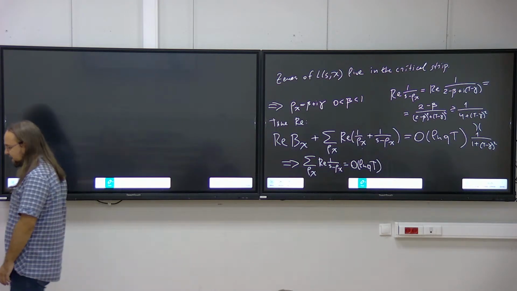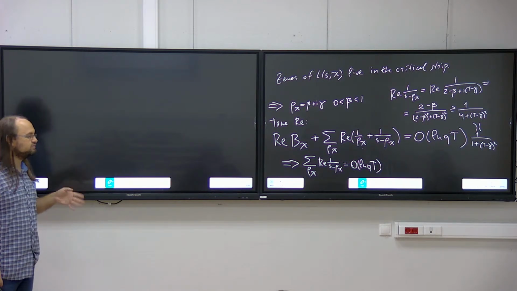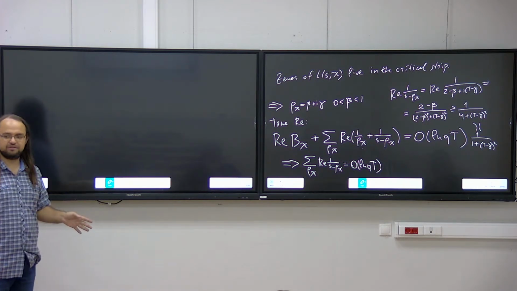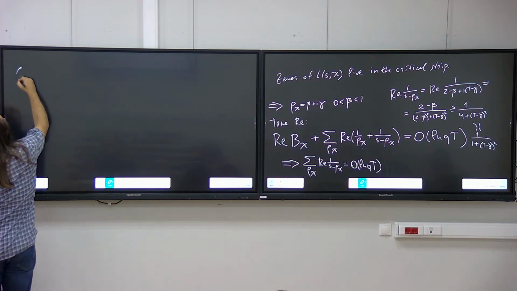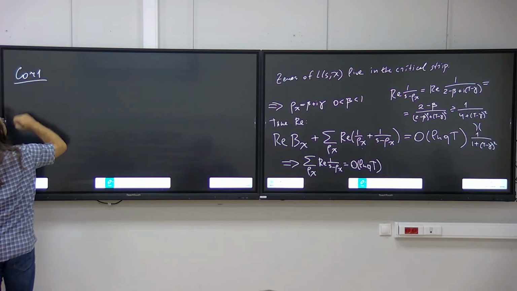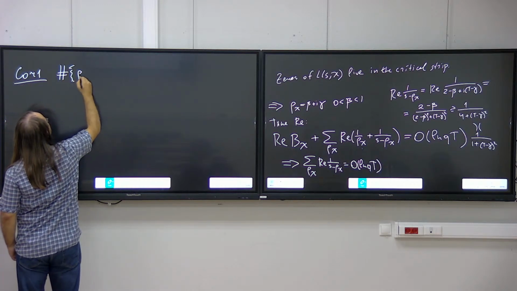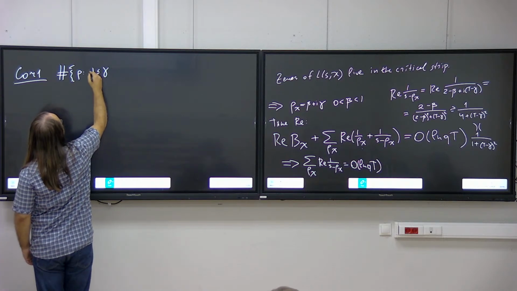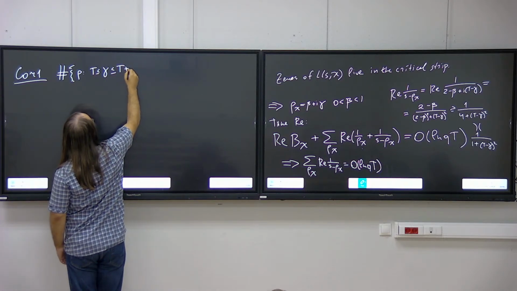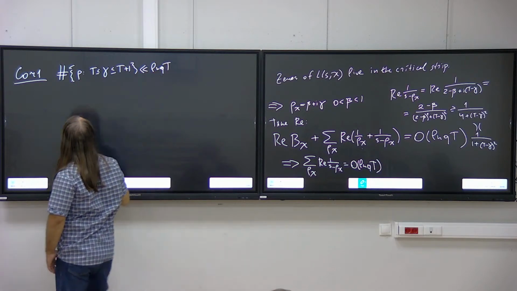Okay, so now we proved that our function does not have too many zeros, right? Now we have two corollaries as usual. The number of rho such that gamma is at least t and at most t plus 1 is once again at most logarithm qt.